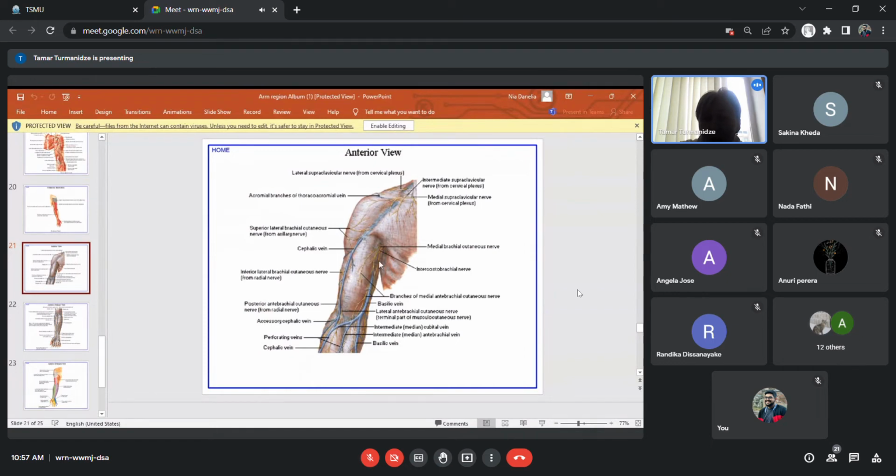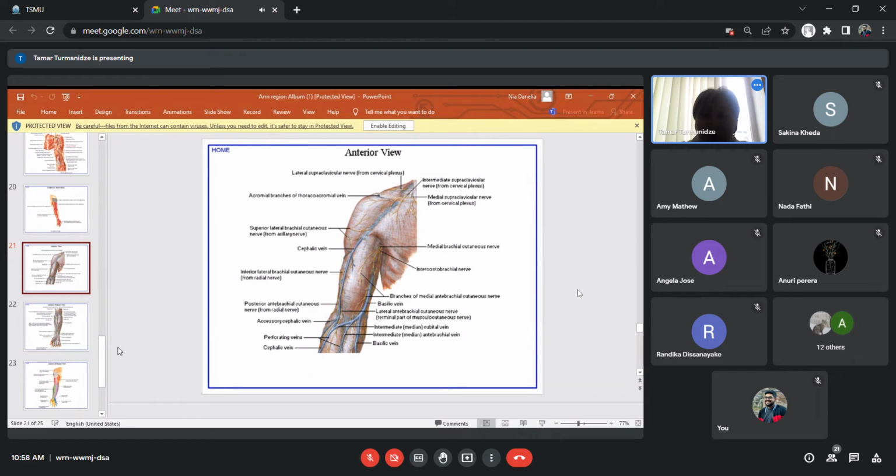We see on the picture this intercostobrachial nerve comes from intercostal nerves, which are located in the intercostal space. So except medial cutaneous nerve of the arm, skin of the medial side of the arm region is innervated by intercostobrachial nerve.